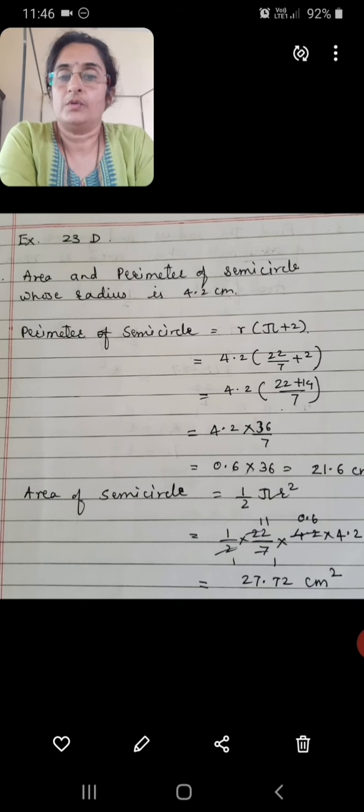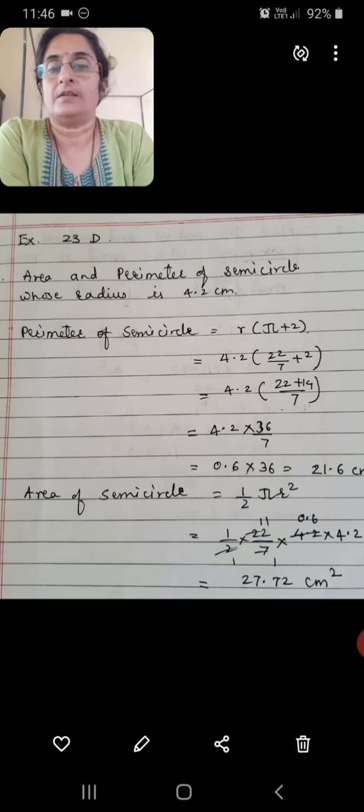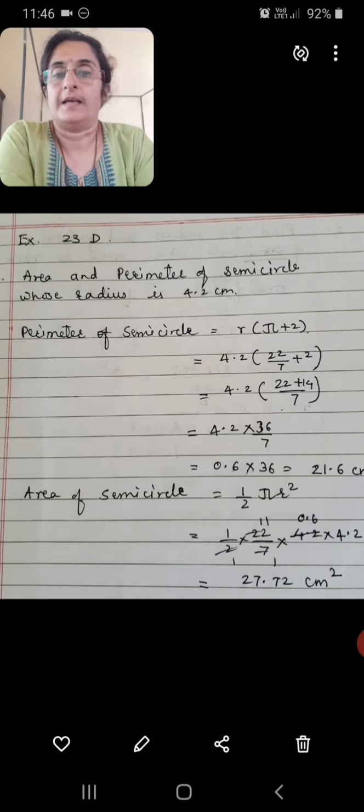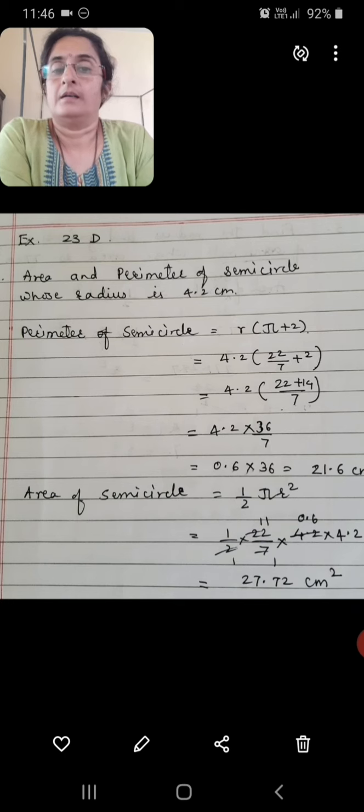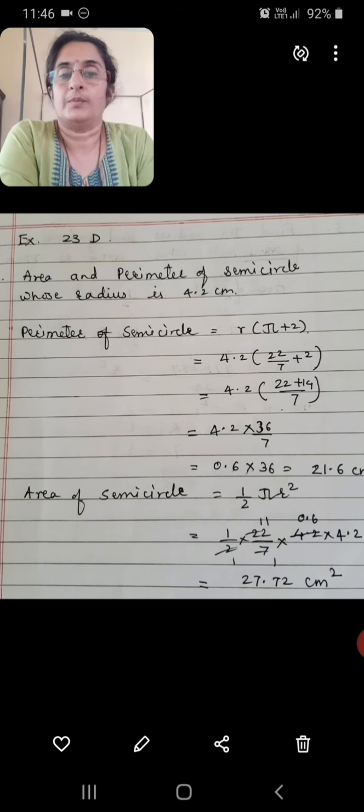Now we are going to do exercise 23D. First question: I have taken the first question, area and perimeter of a semicircle whose radius is 4.2 centimeter. Here the perimeter formula I have taken, that is r into bracket pi plus 2. Radius is given 4.2, pi is 22 upon 7 plus 2.